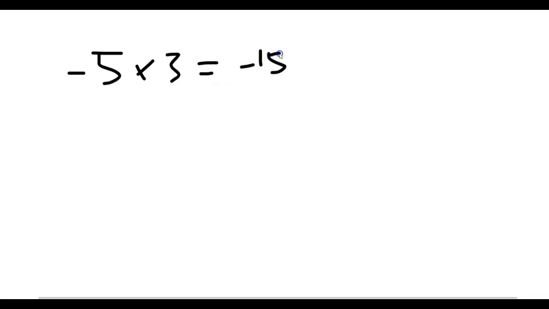And if we wanted to multiply, we could do -5 times 3, and it would be -15. So any positive number multiplied by a negative number always turns out negative. So if it was -2 times 5, it would be just -10.